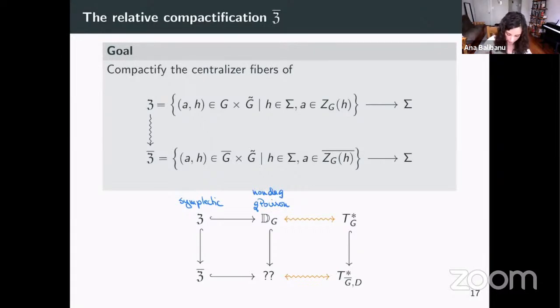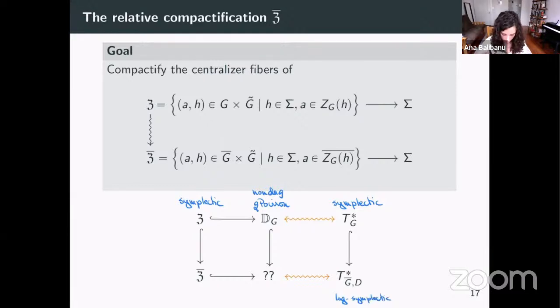And this double was supposed to be a multiplicative analog of the cotangent bundle, which of course is symplectic. And then when we were looking at the G-bar picture, we saw that the cotangent bundle has this kind of natural enlargement to the log cotangent bundle, which is log symplectic.